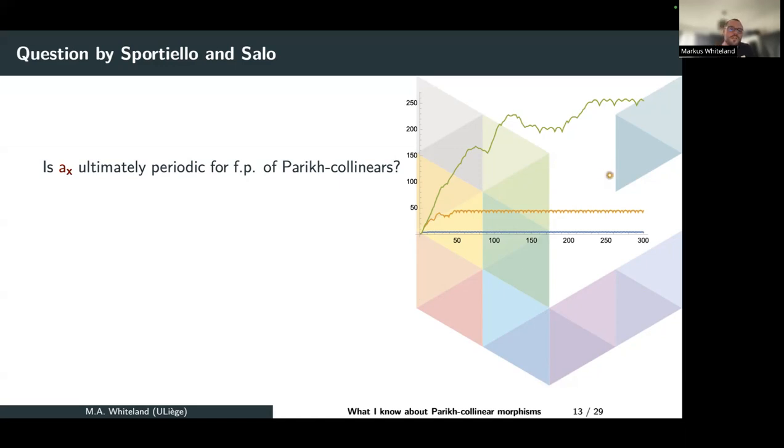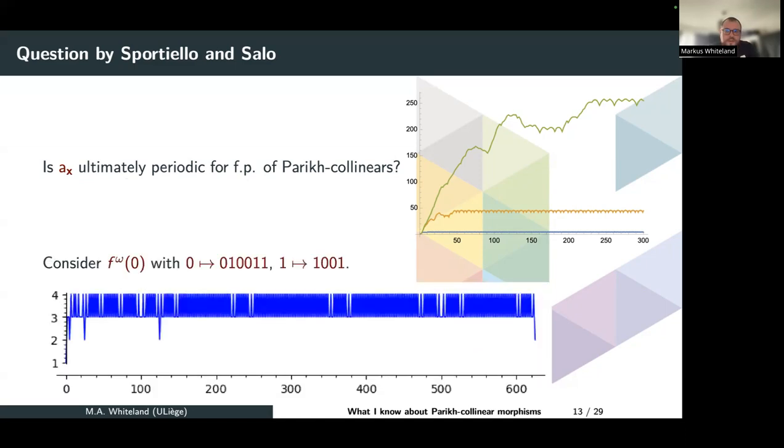Or more generally, is the k binomial complexity function always ultimately periodic? Well, this is not true. So here's an example of a Parikh-collinear fixed point, which does not seem to have periodic abelian complexity function.